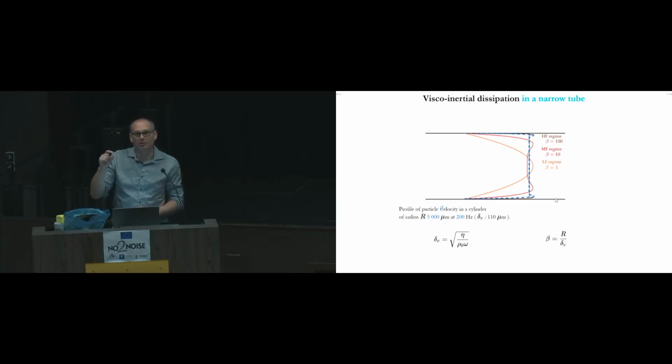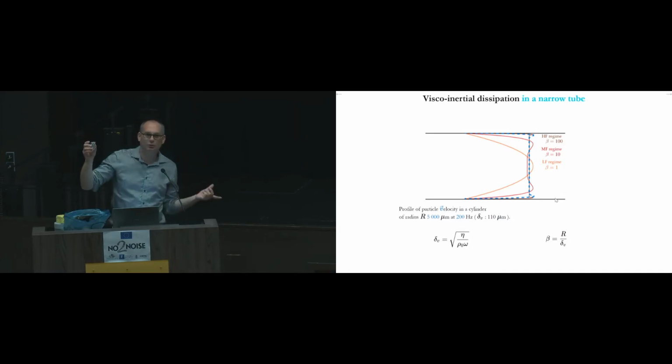So the viscous boundary layer and the thermal boundary layer are very small compared to the value of the radius, and the dissipation is very limited, in a very, very small area, so you have low dissipation. In this case, you can't get acoustic absorption in air for this kind of material.